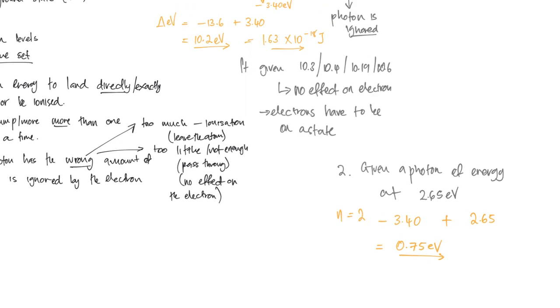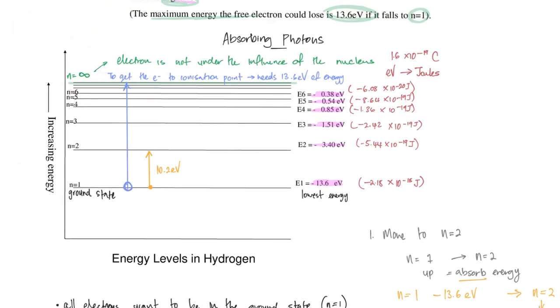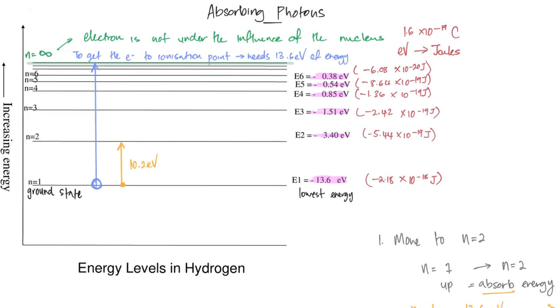Now if I go back to my diagram, have a look here. It goes negative 3.40, negative 1.51, negative 0.85. So you've got now 0.75 electron volts. That is in between, right? It's in between n is equal to 4 and n is equal to 5. Therefore, the photon is ignored.